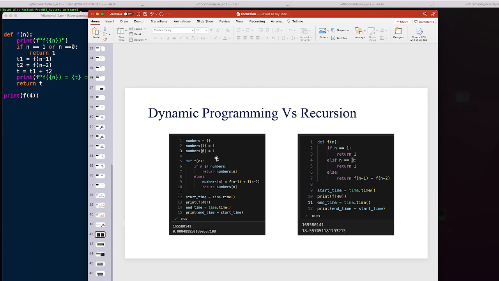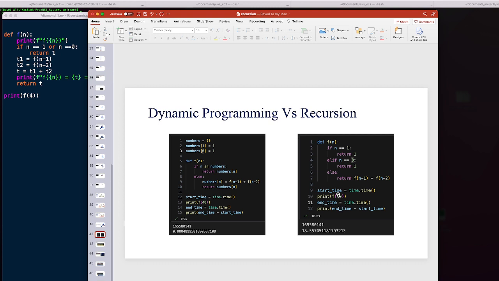Whenever I calculate a node in that tree we saw together, I store it in this dictionary. If we want to calculate the Fibonacci for a specific number, we first check whether it exists in the dictionary. If it exists, just return its value. You do not need to run the recursion. If it does not exist in the dictionary, then run the Fibonacci recursion.